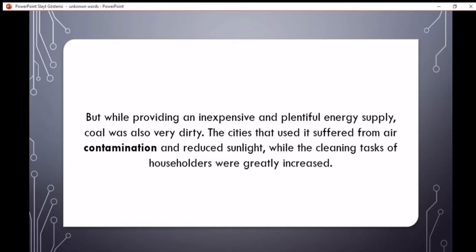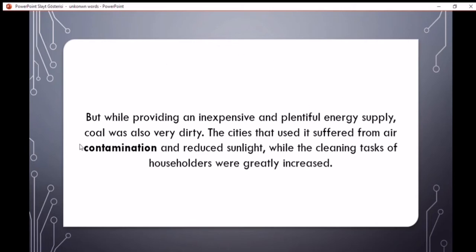This is the tone. Second, the function of contamination. Air contamination and reduced sunlight. This is a noun. Now, there are a couple of more techniques to figure out if a word is a noun, and I'm going to talk about it in another video. But right now, the ending at the end of it tells us, first, this word is a noun.